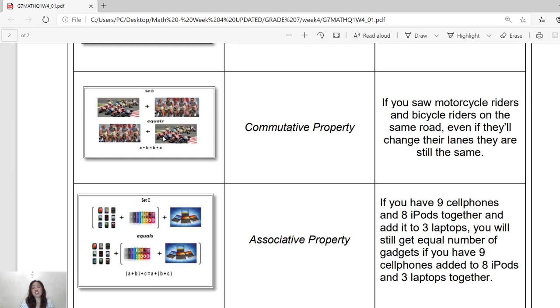They are just the same, even though the order is changed. Motorcycle riders plus the bicycle riders is just the same as bicycle riders plus the motorcycle riders. That property is the commutative property. Even though the order changes, it is still the same.